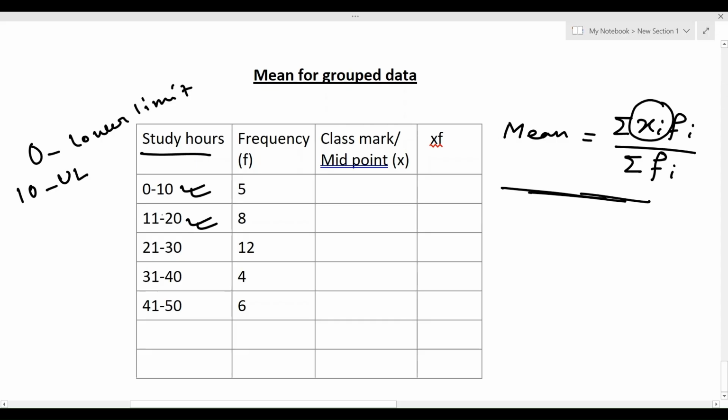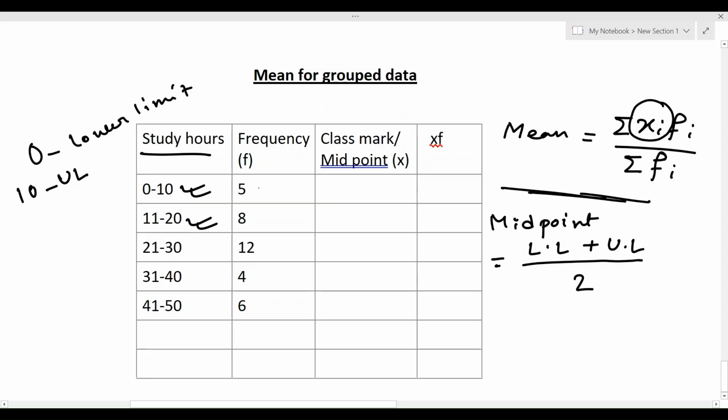For the second class, 11 is the lower limit, 20 is the upper limit, and so on for each class. So we have to find the midpoint, or the class mark, using the formula: midpoint equals lower limit plus upper limit by 2.